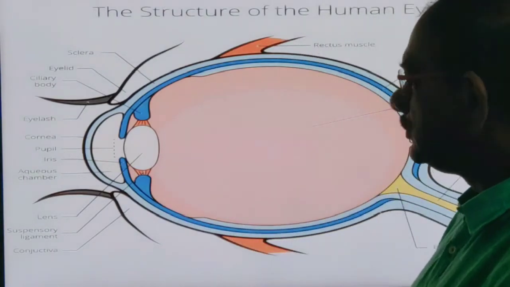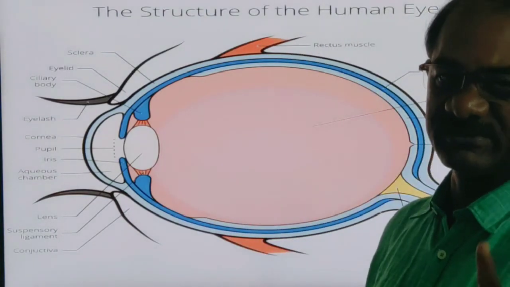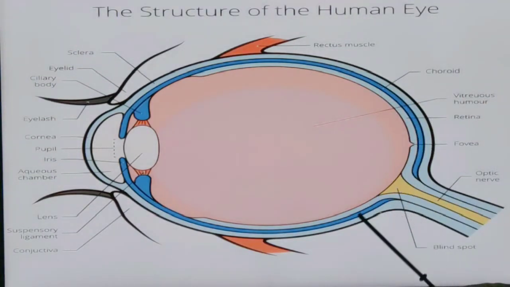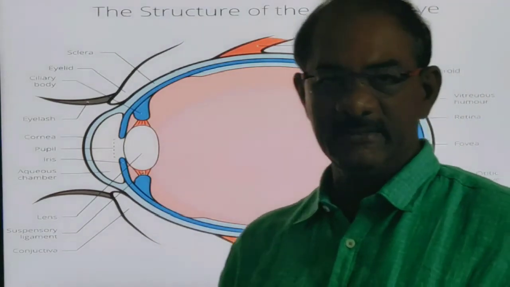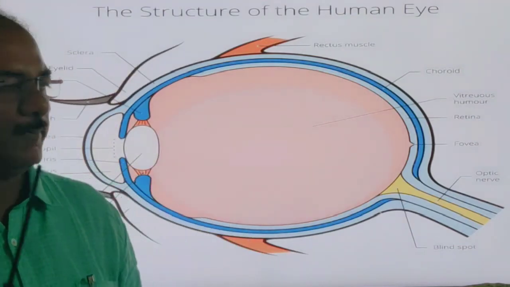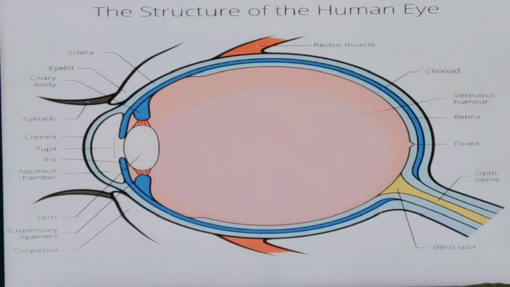As well as two types of spots are present in the structure of the eye. The first is called the blind spot, and the other is the yellow spot.